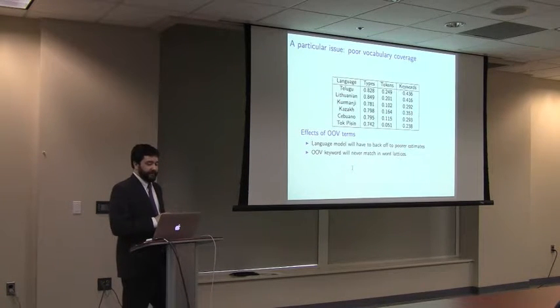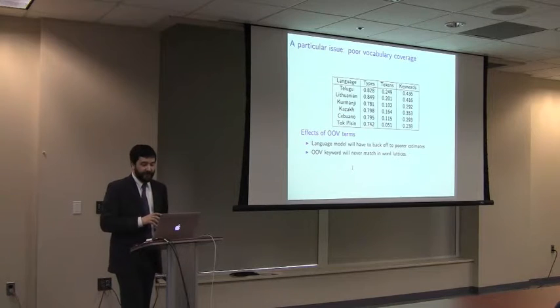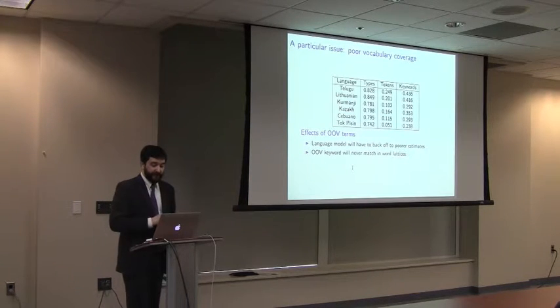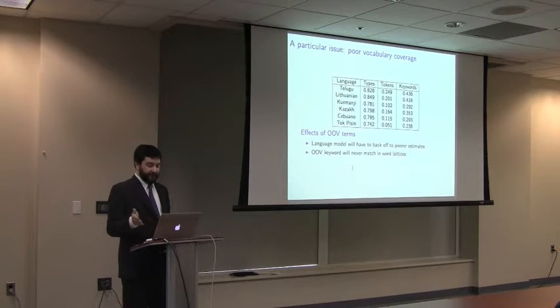I'm looking at a particular issue that arises when we have such limited training data, which is that we have very poor vocabulary coverage. This shows the out-of-vocabulary rates for the 6 languages we're looking at this period, in types, tokens, and in the search terms and keywords. This affects a lot of things in the pipeline.